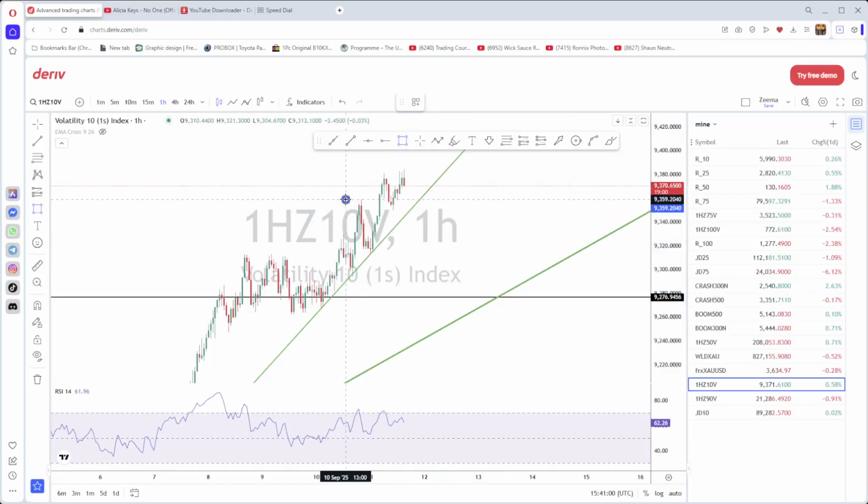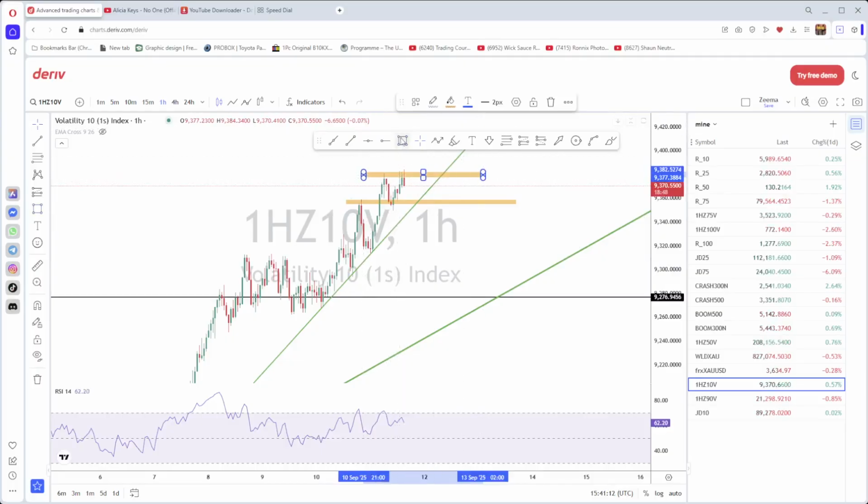So we just mark this level off, and this to that. Price hasn't closed above this yet, and then we'll have this level here. Let me just mark all of this.